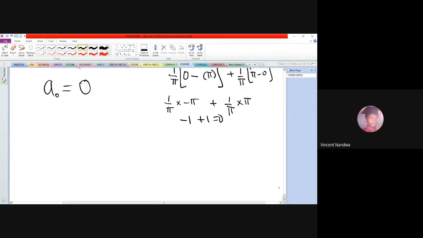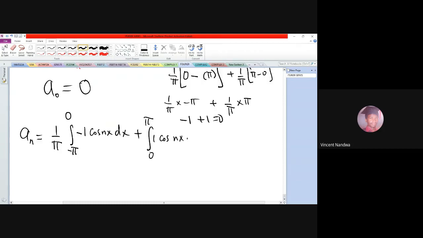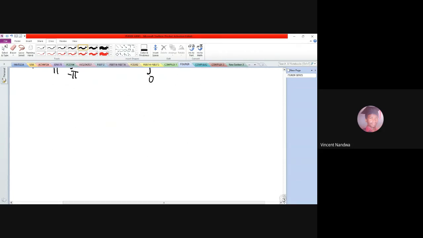And then an will be 1 over pi times the integral from minus pi to 0 of minus 1 times cosine of nx dx, plus the integral from 0 to pi of 1 times cosine of nx dx. When we integrate cosine, we get sine.